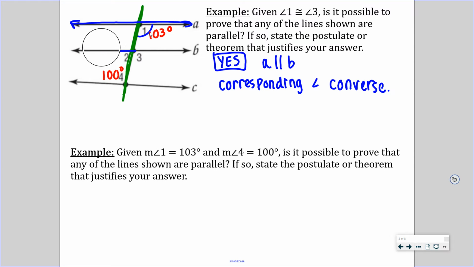Green is still my transversal. Now I'm looking at if A and C are possibly parallel. Okay, so 4 and 1, what's their relationship? Alternate interior, good. And in order for these lines to be parallel, the alternate interior angles would have to be congruent. Are they congruent? No, right?